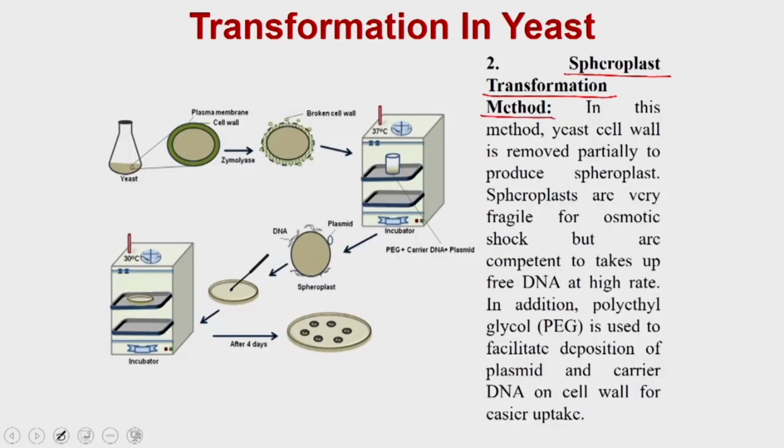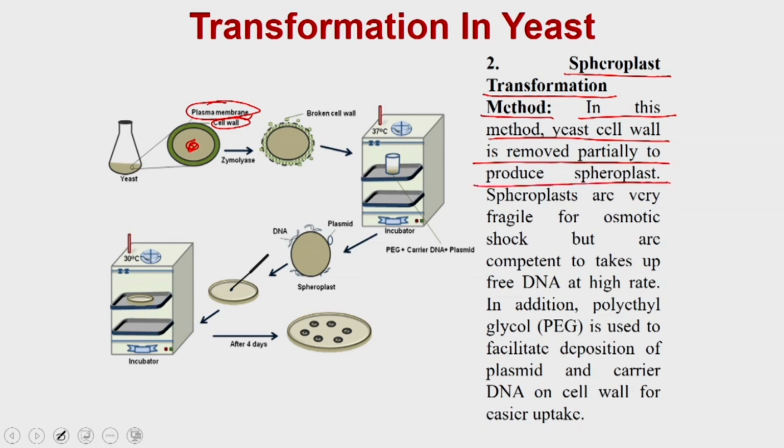As we discussed, the yeast has a cell wall and then a plasma membrane, and below that it has a nucleus also. In this method the cell wall is removed partially to produce spheroplasts.